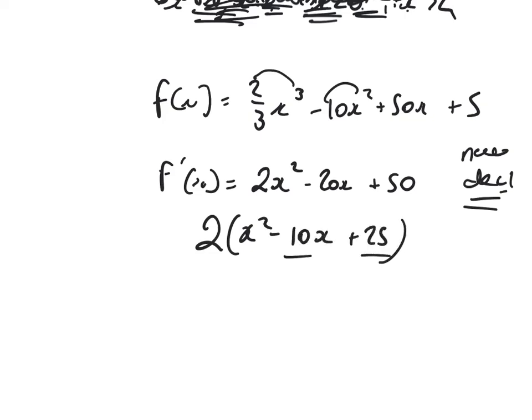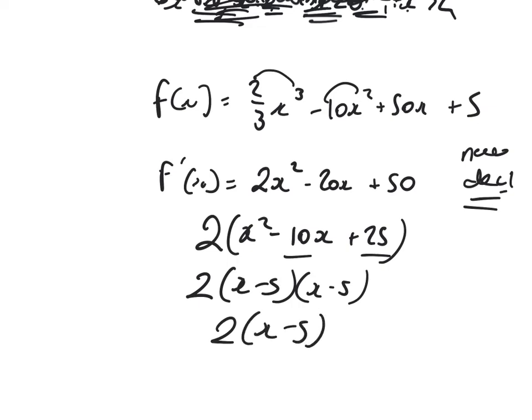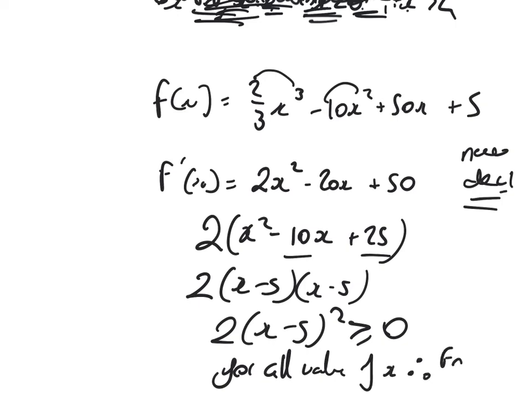Two numbers that multiply to give 25 and add together to give minus 10 are minus 5 and minus 5. That can then be packaged up again as a square term. So that must be greater than or equal to 0 for all values of x. Therefore the function is never decreasing.